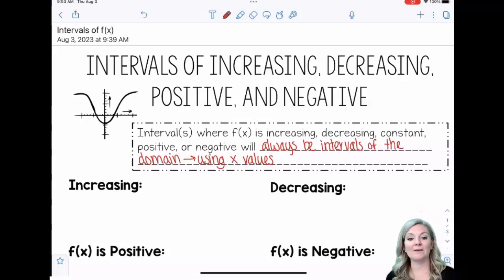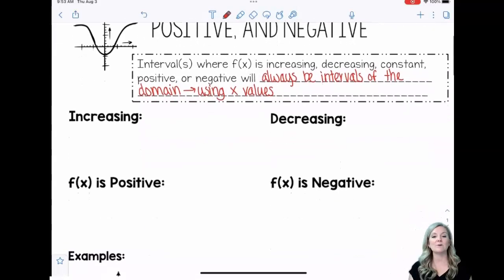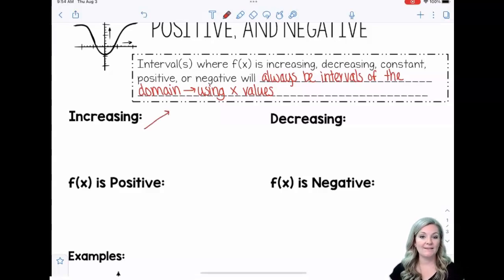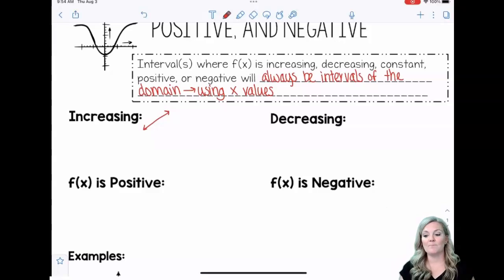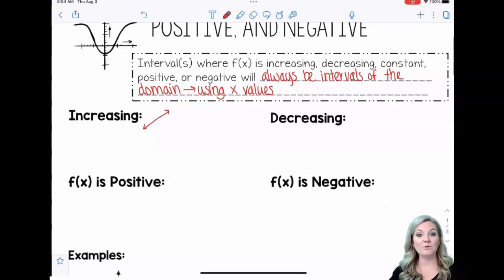So let's talk about increasing. Well, let's think, what does increasing mean? Increasing means it is going up. Well, what does a graph going up look like? Very simply, a linear graph going up is going to look like this. So let's think about, what is this graph doing? As my x's are increasing, what is happening?